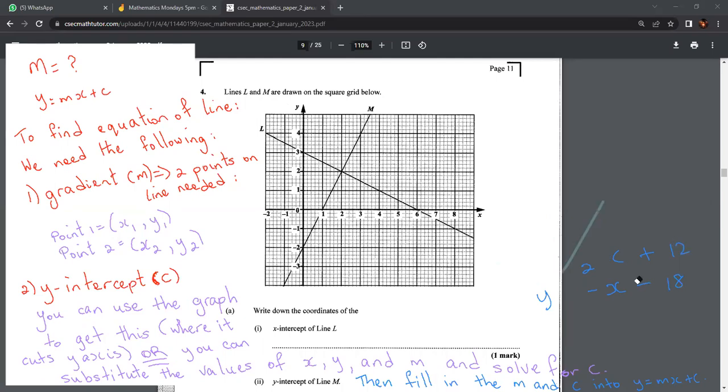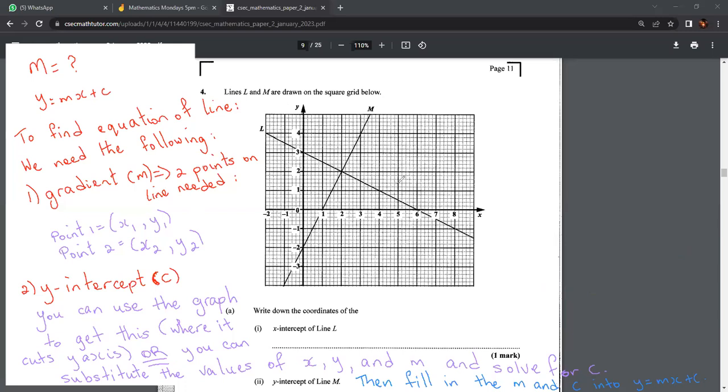Now, in order to find m, which is your gradient, you can use 2 points on the line. If they give you a graph, you just look for 2 easy points that you can read. I like to get points at junctions, which is easier for me to read.